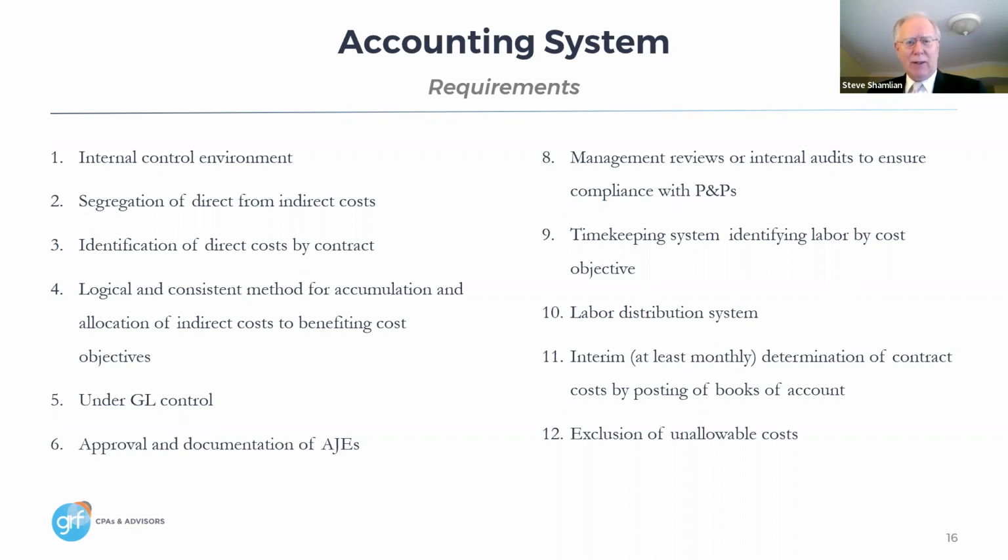We'll get back to that as we go along. Approval and documentation of adjusting journal entries. I had a client who needed to do labor adjustments. And so the accounting manager asked the DCAA auditor how to do labor adjustments.